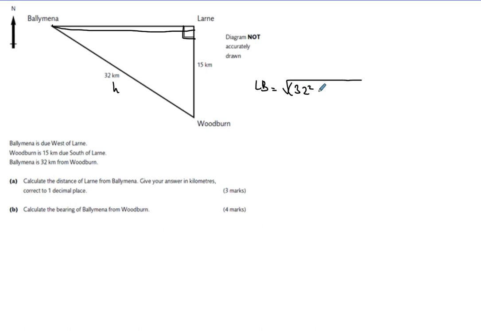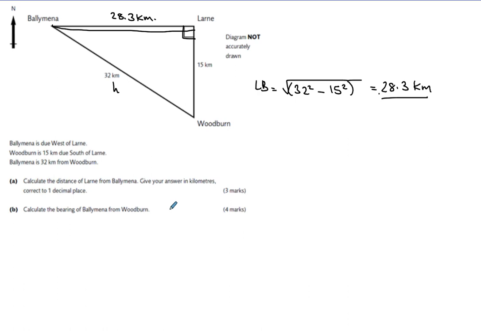So the longer side squared minus one of the shorter sides squared will give you, and you square root it, and it'll give you the other short side, which is 28.3 kilometers. And always a good idea to put it on the diagram in case you need it for the next question. So that was easy, and yes, we've got it to one decimal place.